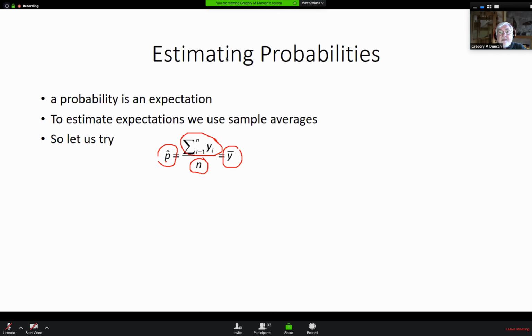That's our estimate of the probability. And if that estimate is greater than 0.5, we assume that you're going to buy. If it's less than 0.5, we assume you're not going to buy.